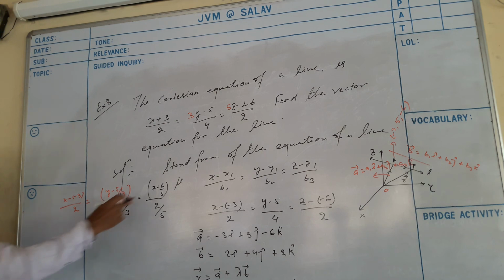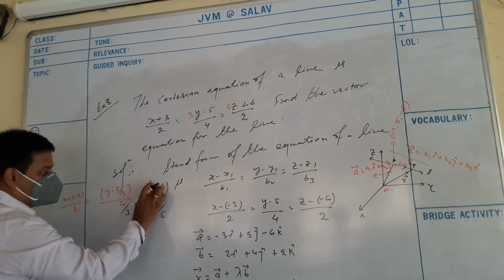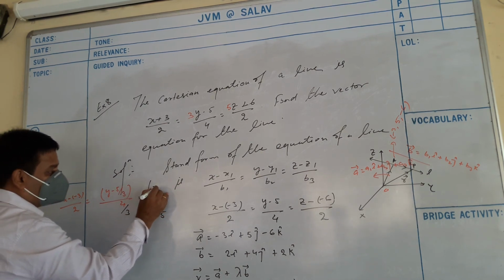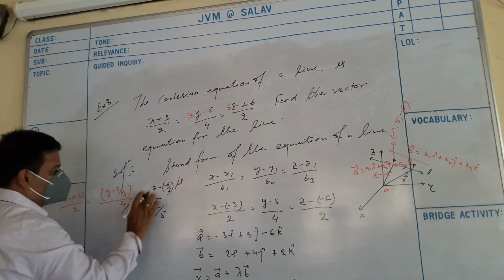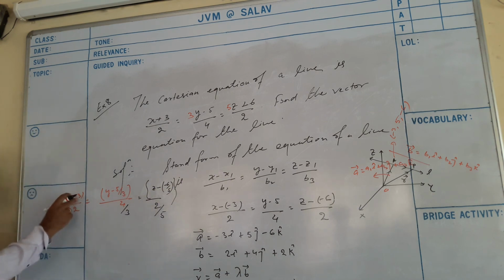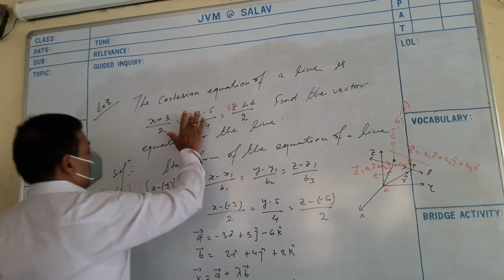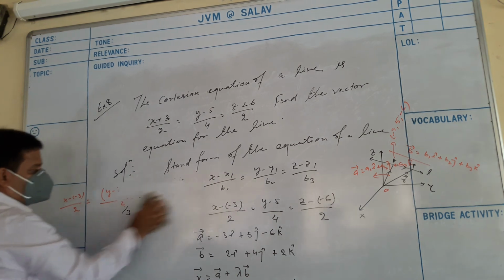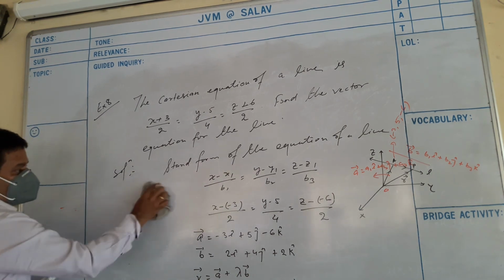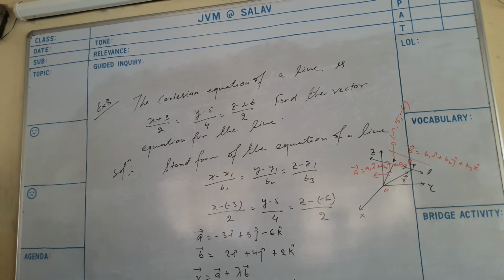Clear? And here it is plus, so how do you write it? z minus (-6/5). Clear? Now this is your x1, y1, z1, and this one is b1, b2, b3. Any doubt? Clear? Concept is clear? Any doubt?